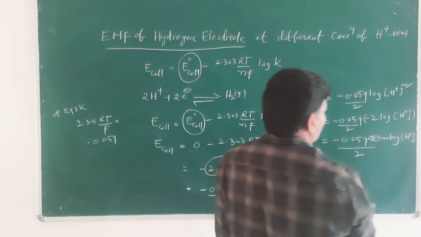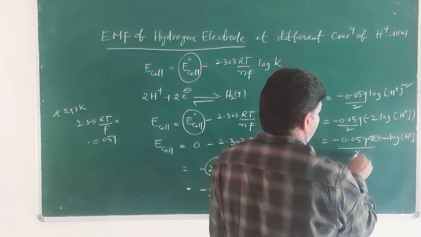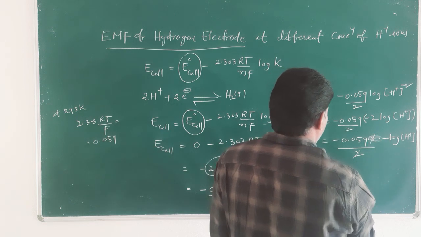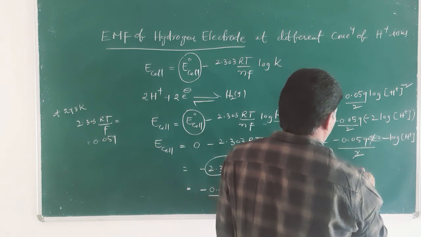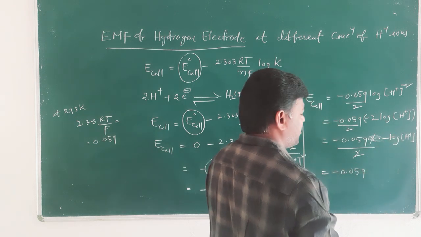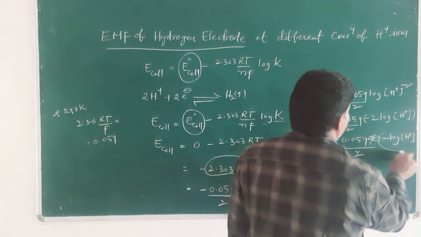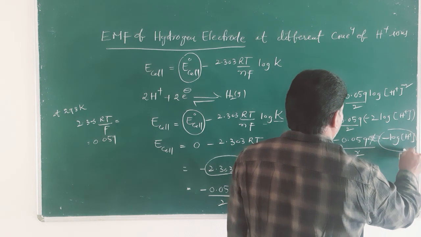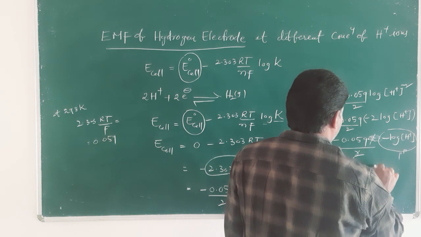In the next step this 2 cancels, and 0.059 into the negative logarithm of concentration of H plus ions can be written as pH.